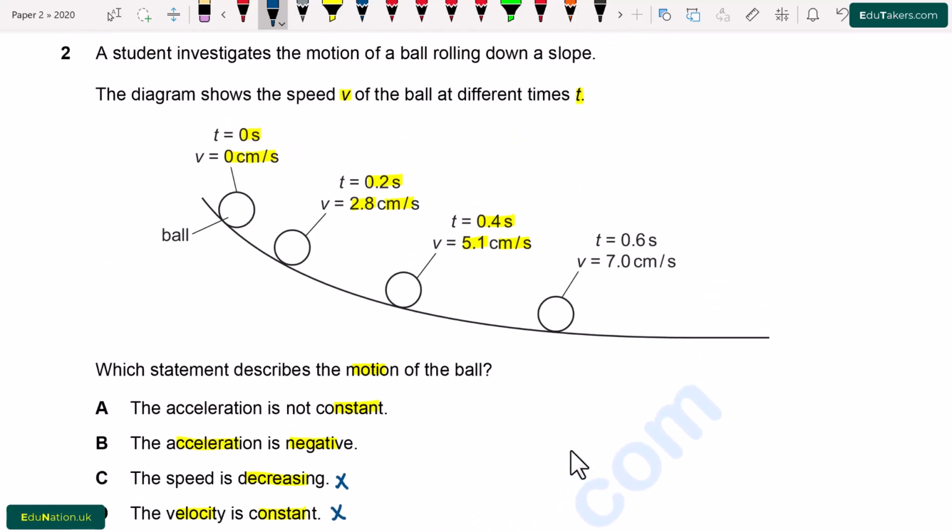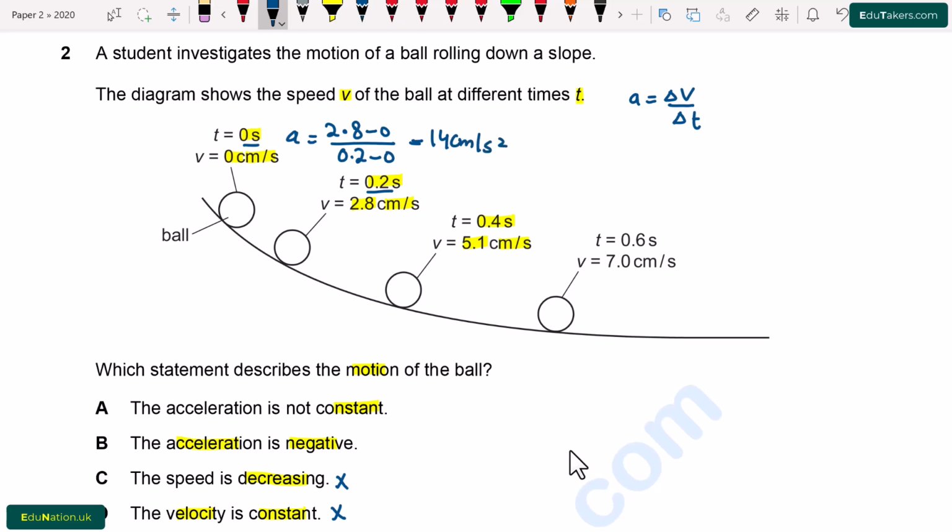So acceleration is basically a equals delta v over delta t. Now we check acceleration for each of these values of time and speed. Now I consider t equal to 0.2 second and 0 second. So it will be 14 centimeter per second square.